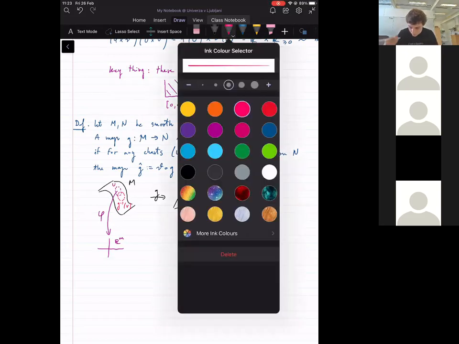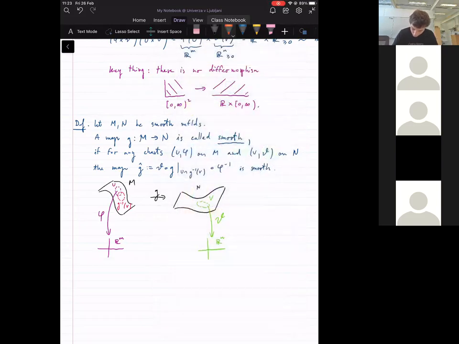This is our definition now. So this map here is what is called G hat.